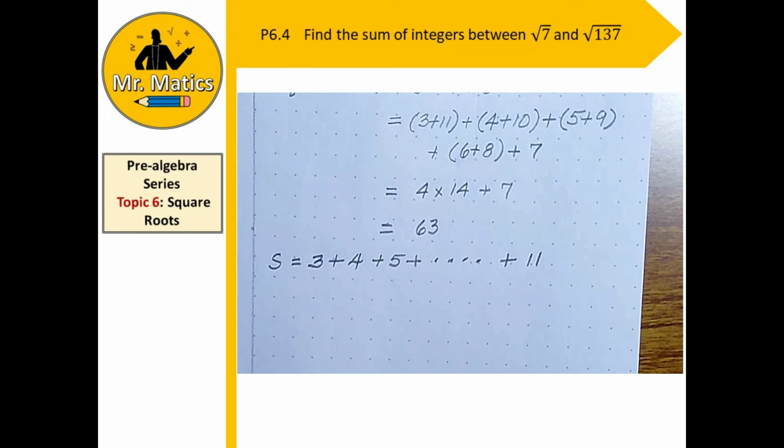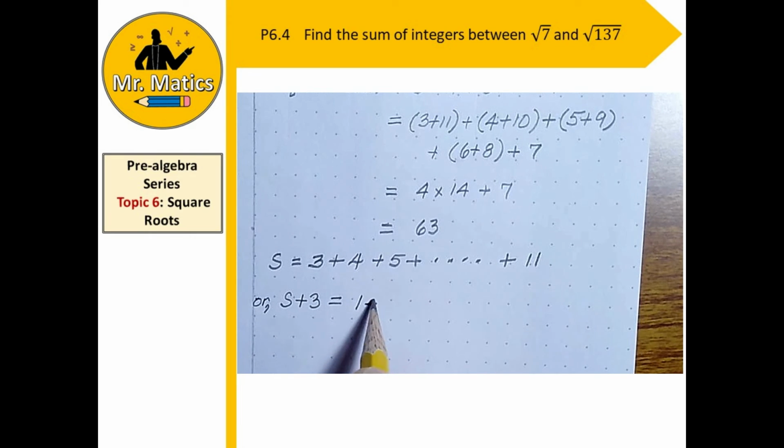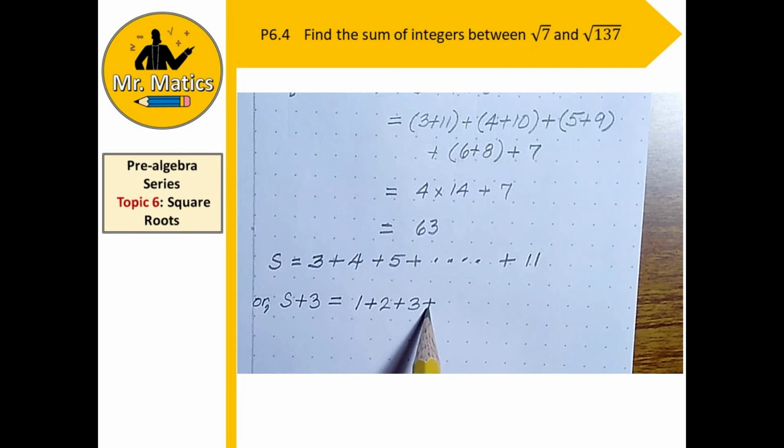Then I have another sum where I am going to add 1 and 2. So I will add 3 on both sides, or S plus 3 equals 1 plus 2 plus 3 plus 4 and so forth up to 11.